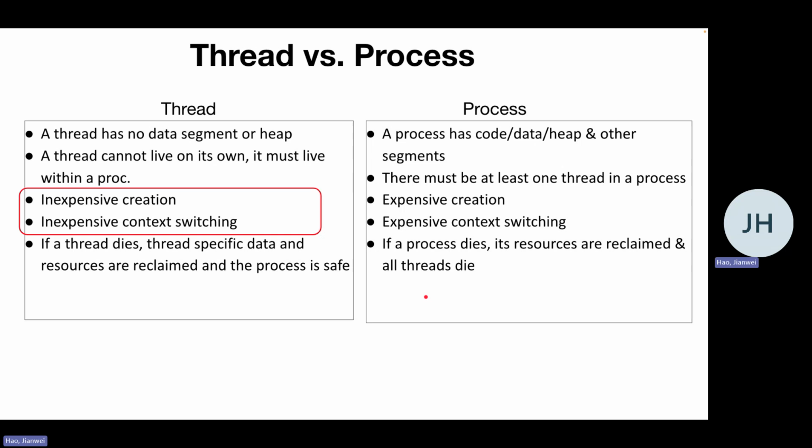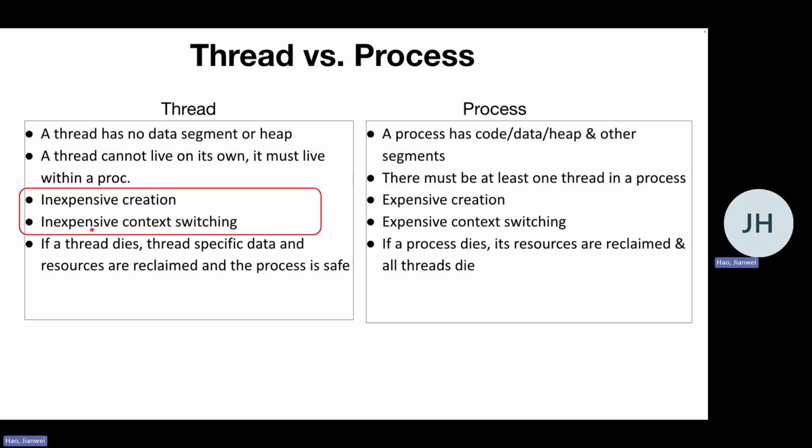So compare these two different methods. A thread has no data segment or heap. It belongs to the process. And a thread cannot live on its own. It must live within a process. It's inexpensive to create, and it doesn't need to switch everything like the process.